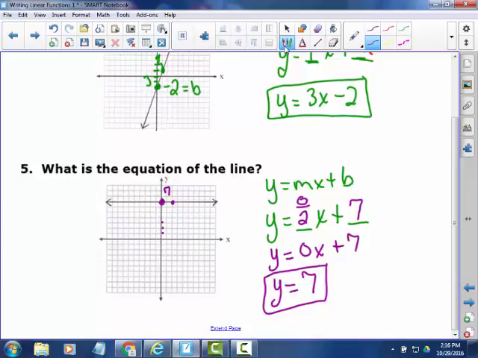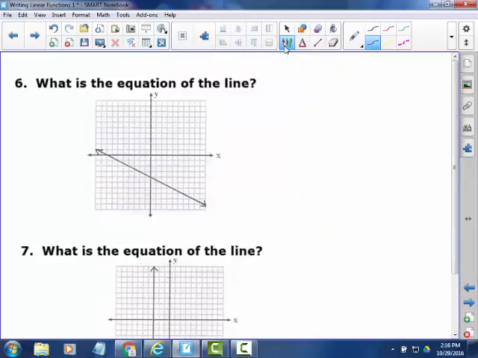All right, let's look at another one. What is the equation of this line? It's not vertical, so I know it could be of the form y equals mx plus b. I need to find out what m is and what b is. So I look at my graph and I count on the y-axis to this point: 1, 2, 3, 4. So that would be -4. And then for my slope, I have to find another point.